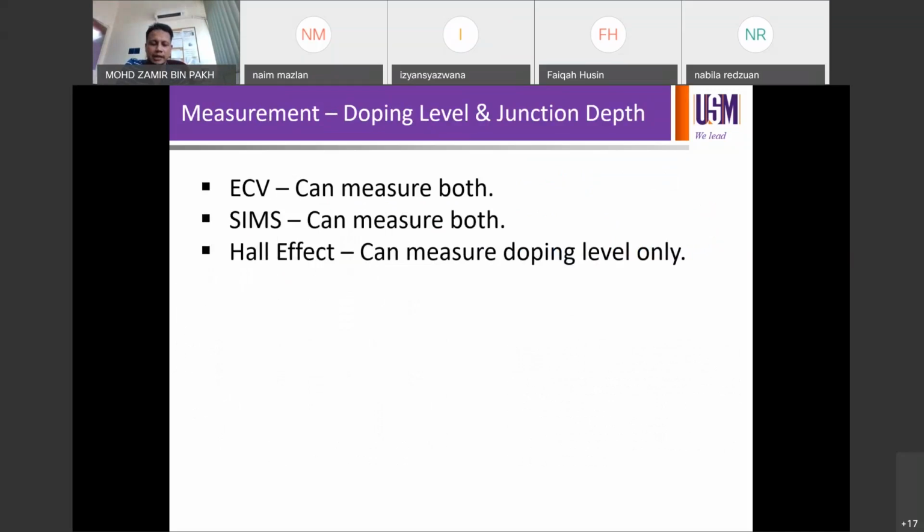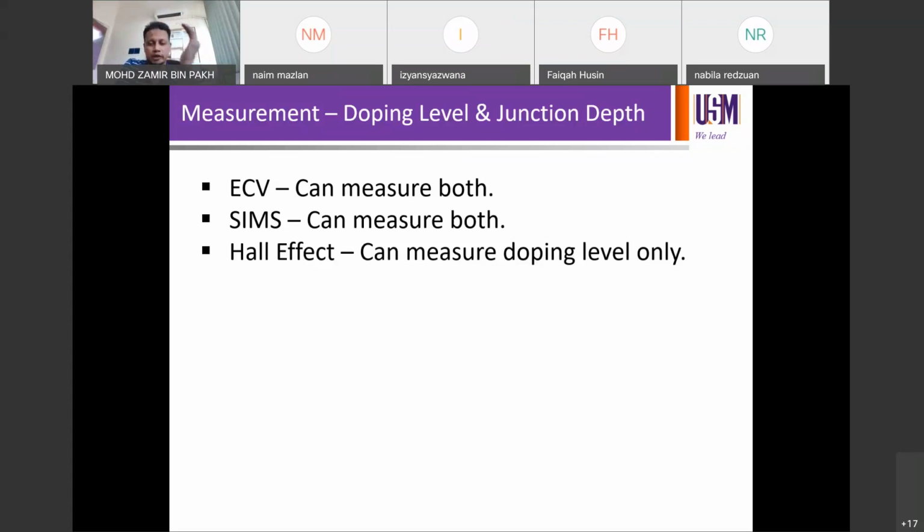ECV and SIMS are destructive in nature. That means you have to sacrifice a sample in order to characterize your dopant profile. You cannot recover it, basically. What it will do, you can explore yourself: it will etch the surface of the silicon.